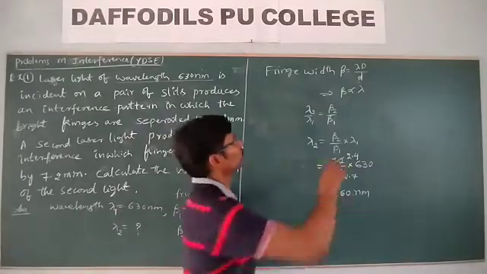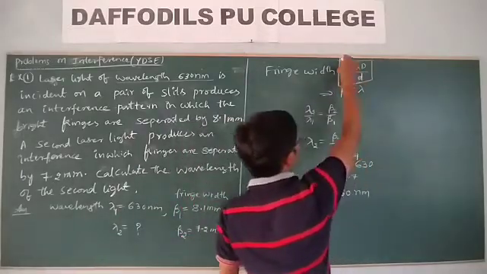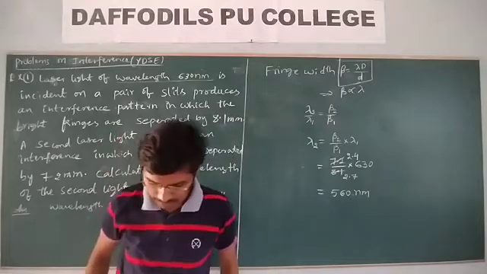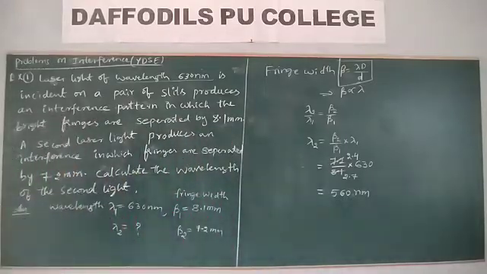The thing we should know is the fringe width expression: beta is equal to lambda capital D by small d.